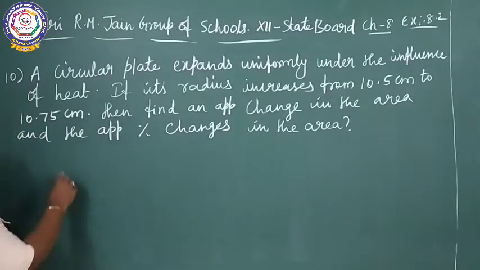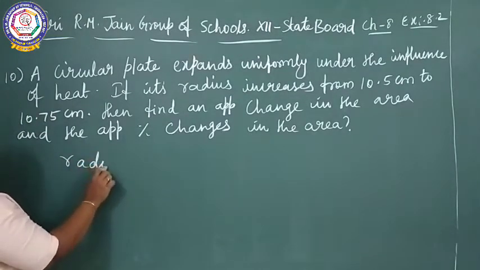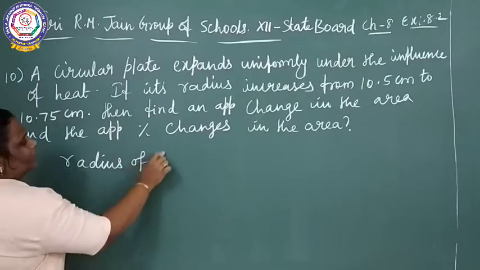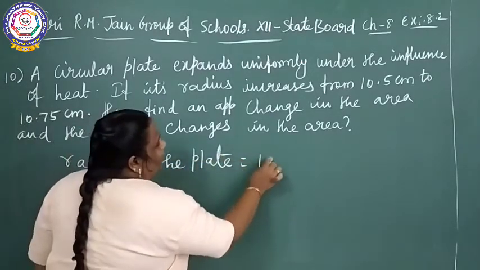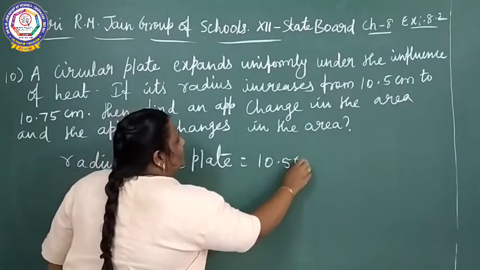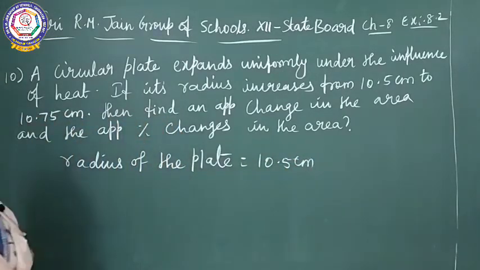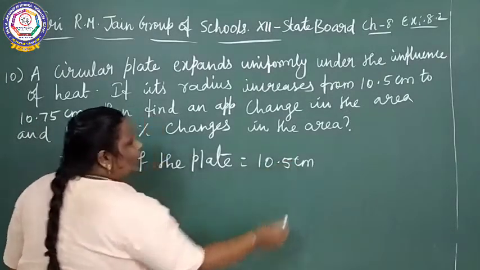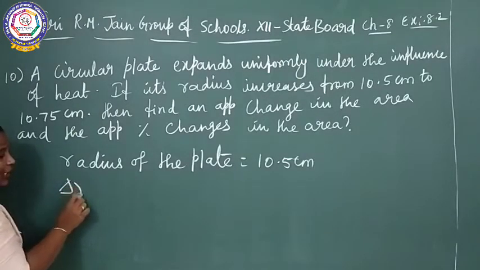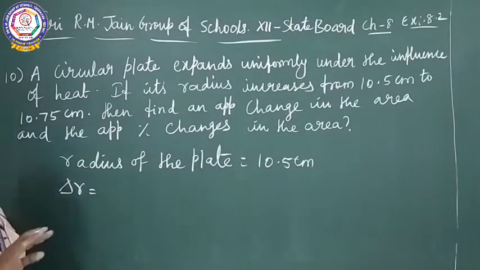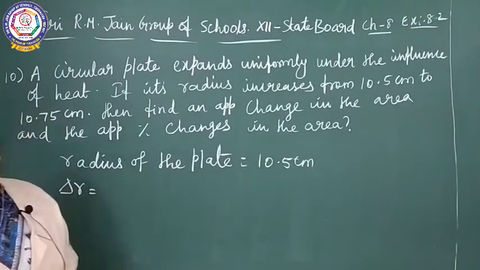First, the radius of the plate. What is the radius they have given? 10.5 centimeter. Radius equal to 10.5 centimeter. If the heat influences it, the radius changes, and automatically the area is also changing.